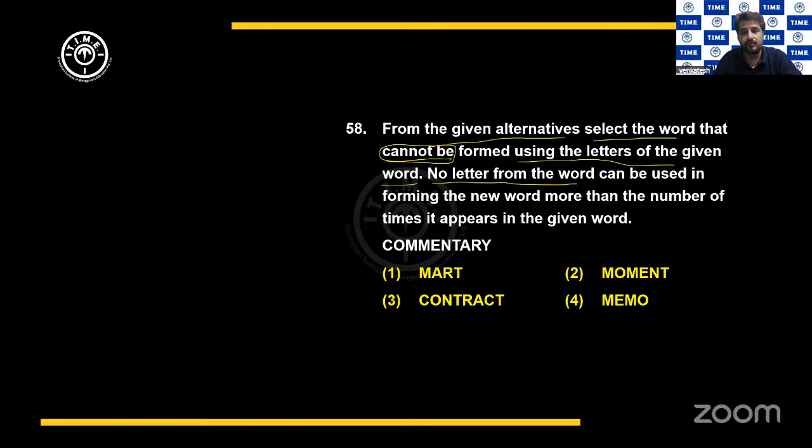No letter can be used in forming the new word more than the number of times it appears in the given word. Basically, if M is present two times, it should not be present more than two times.